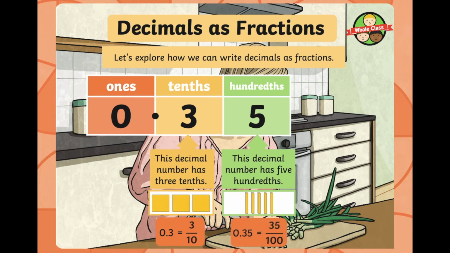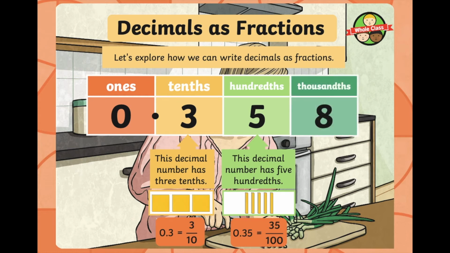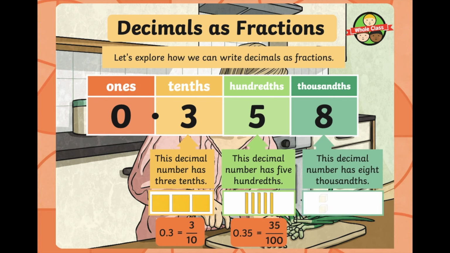So we have 0.35, which is 35 over 100 as a fraction. Now we've added a thousandths column on, and it has 8 thousandths, which is 358 over 1,000 as a fraction.